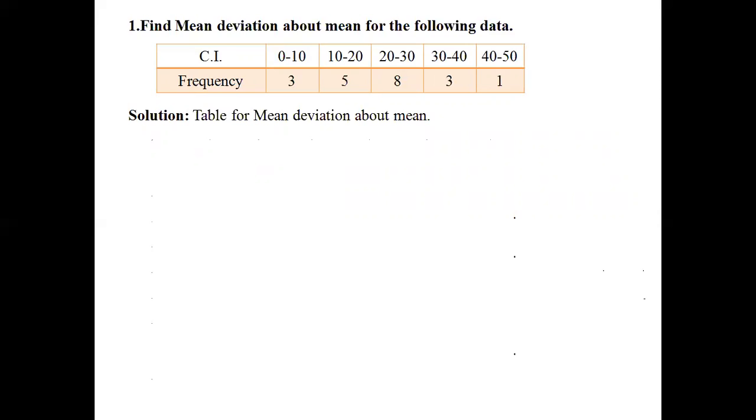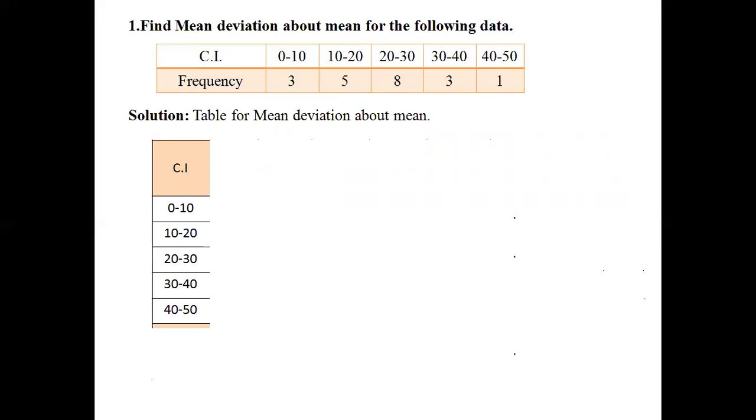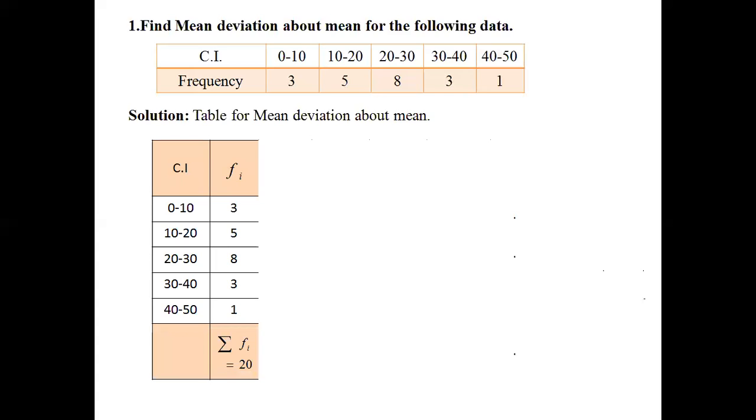For that, first write down the given class intervals: 0 to 10, 10 to 20, 20 to 30, 30 to 40 and 40 to 50. Then in the second column, write down the corresponding frequencies: 3, 5, 8, 3 and 1. At the last, take out the sum of the frequencies, which is equal to 20.